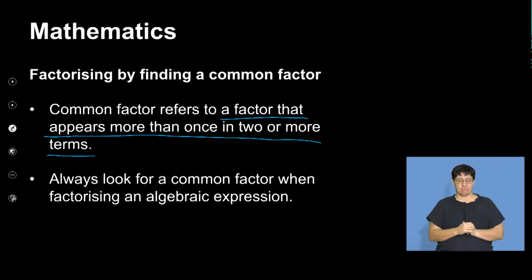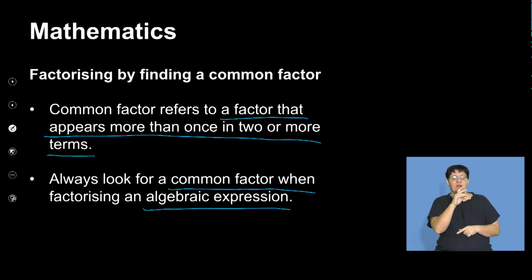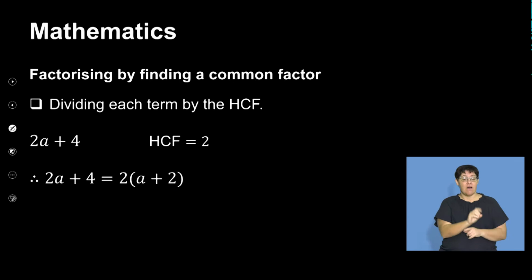Now, the second thing is, you always look for a common factor when factorizing an algebraic expression, right? Most of the time, when I did not give you an equal sign, you always start by looking for the common factor, and then you can continue with the rest of the other methods. Now, what does finding a common factor mean?